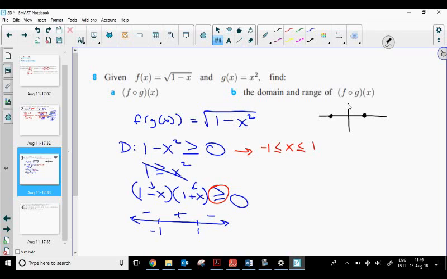When x is any number in between -1 and 1, we're going to have a positive number come out. It's the square root of a positive number. I know that it's not plus or minus. If it was plus or minus, by the way, then that would not be a function, and we are assuming that it is. It's implicitly assumed in the question. I'll talk more about that in a second.